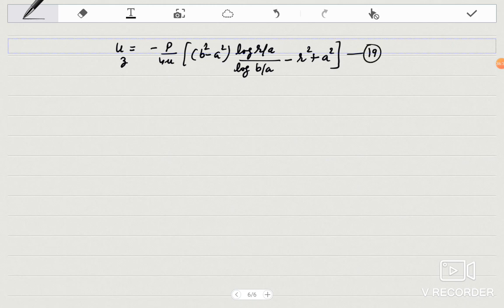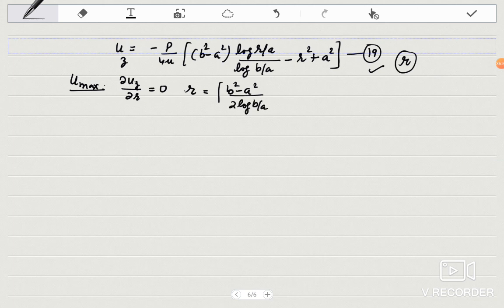Now with the help of this Uz, you may very well find what is U maximum. What is the variable over here? Variable is r. So you will find delta Uz by delta r and put it to be 0. And putting it to be 0, you get r as b square minus a square upon 2 log b upon a, raised to the power 1 by 2. This is the point where U will be maximum.